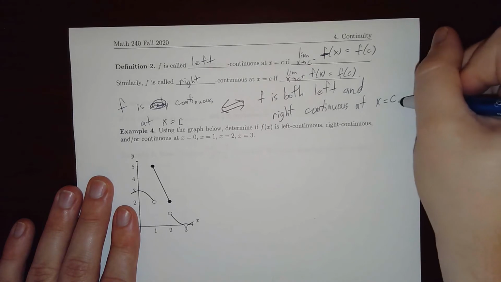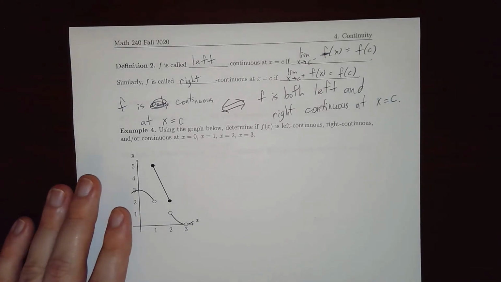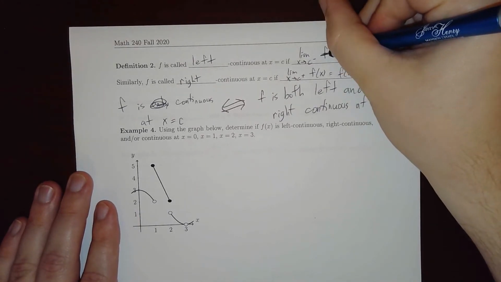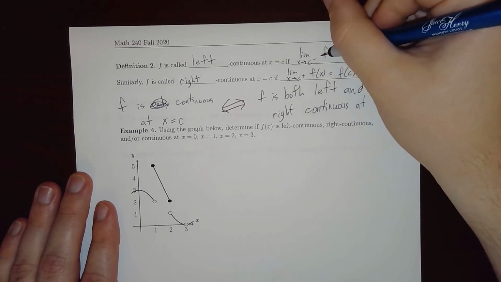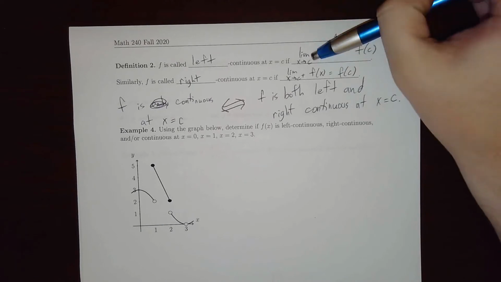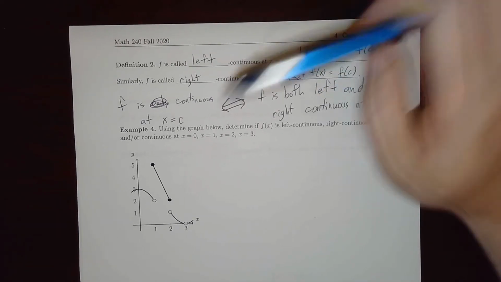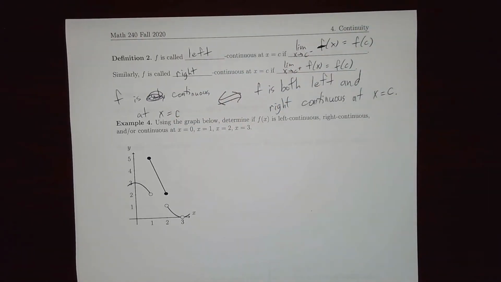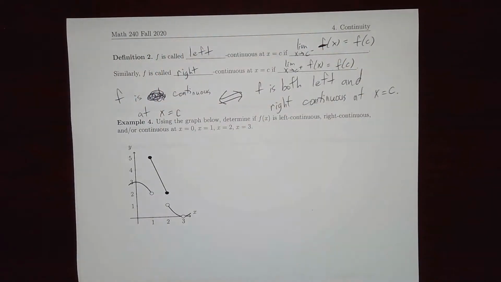So similar to how the limit exists only if the left and right hand limits agree, here, as long as we have left and right continuity at x equals c, we can show that our function is continuous at x equals c.